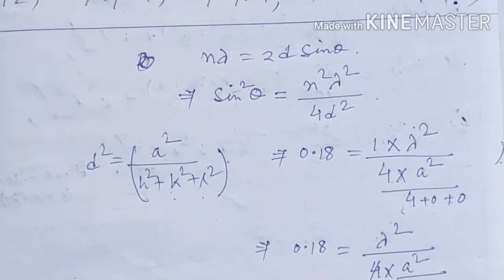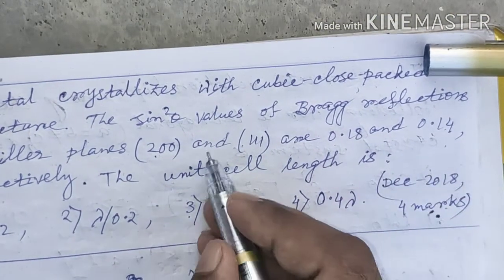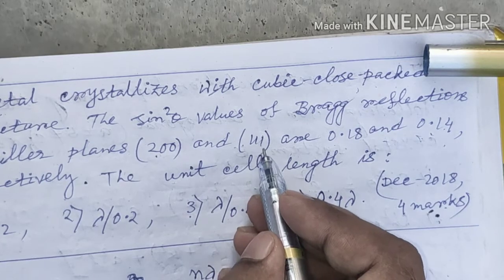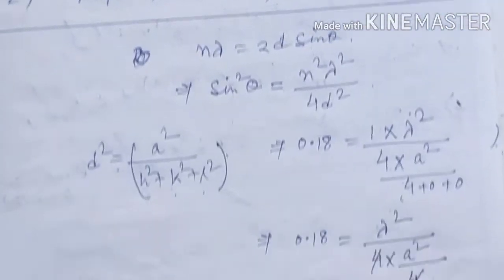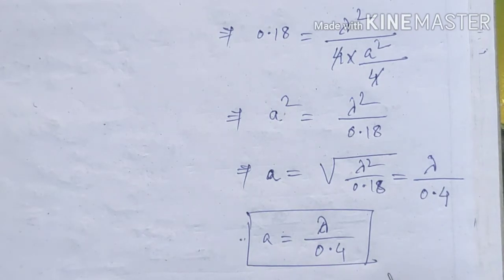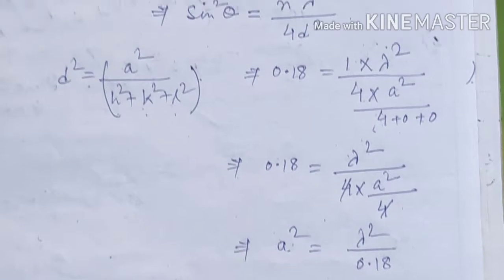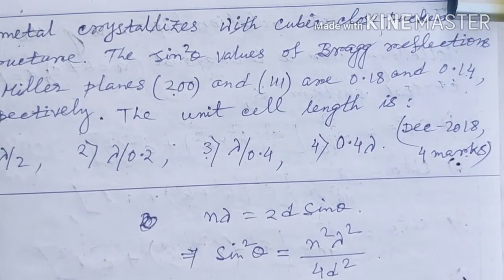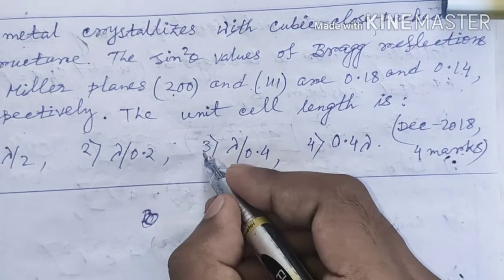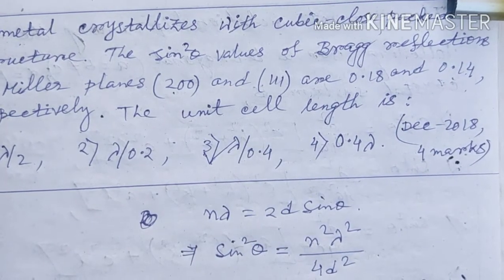If we take the other case, 0.14 for the d111 plane, we will get the same result. You can solve it yourself to check that you are getting the same result. If you feel any difficulty, then let me know in the comment section. So the answer is this one, lambda by 0.4. So let's go to the next question.